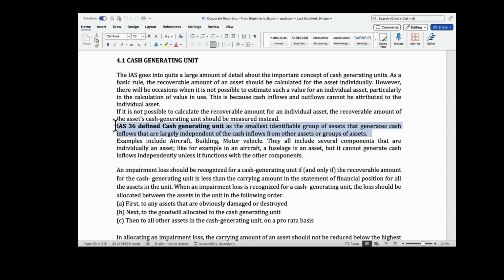But what you need to understand as a reporting student is that a cash generating unit means a collective of assets that you can say, okay, this is how much this group of assets make. You can know how much they are making together, right?